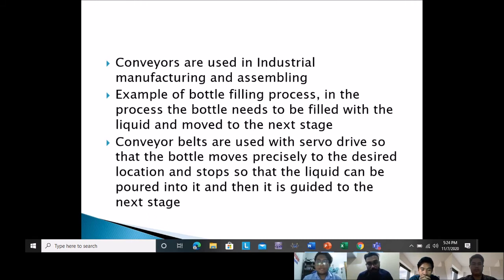The bottle will be stopped, the liquid will be poured into the bottle, and it will be guided to the next stage. The servo drive is playing the role of the tire. Okay, next we go to the next application.